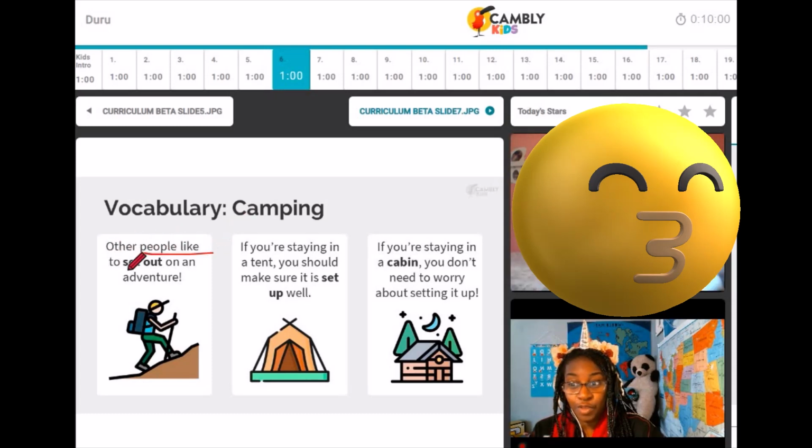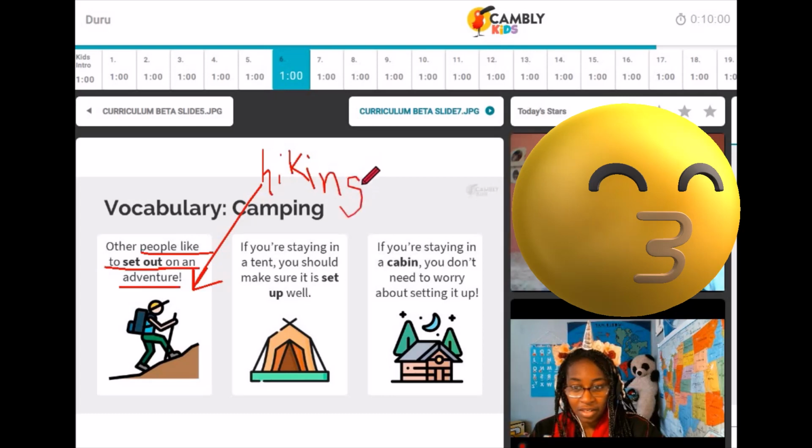Camping. People like to set out on an adventure. So look at the man. He is hiking. Yes, hiking. It's hard for me to write with my mouse.